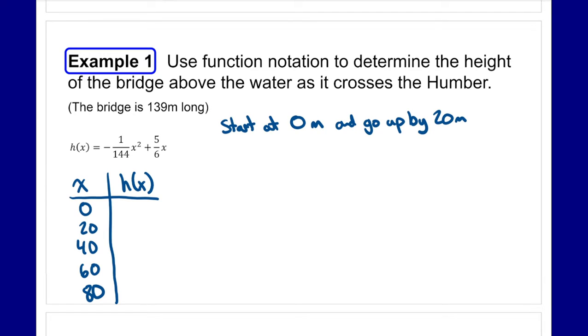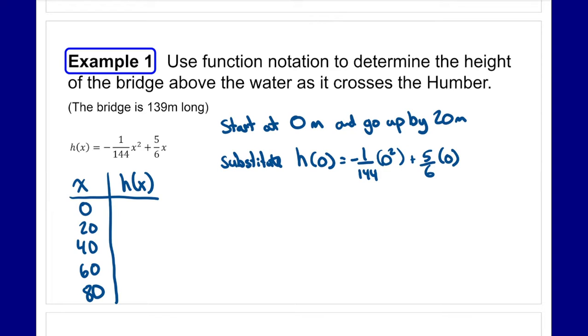How do we find those values now? Well, what we can do is substitute. If I have h at x, but I know that x is 0, I can write h at 0 is equal to, and in that equation, anywhere I see an x, I'm going to replace it with 0.